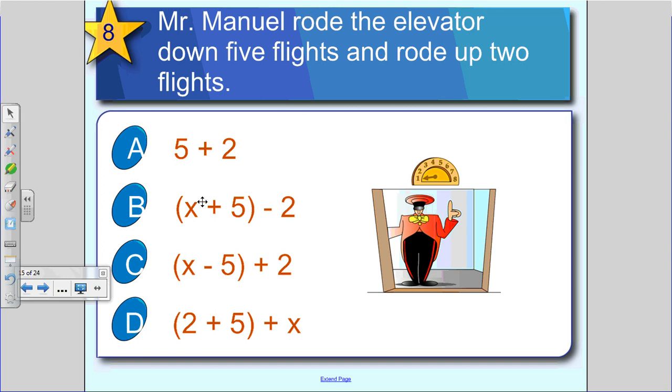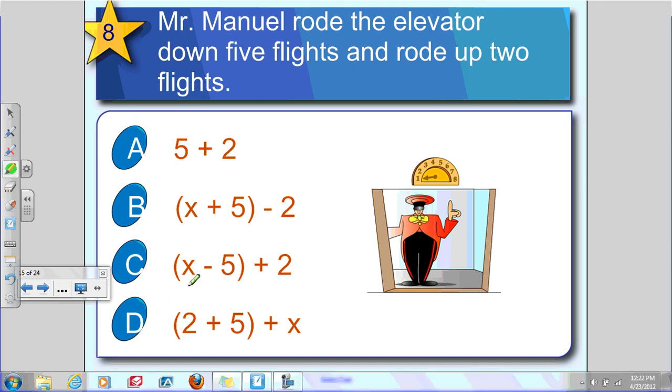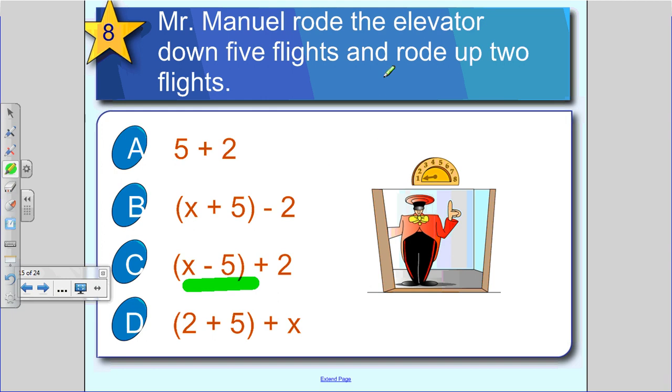So that would be our variable of x. He rode down 5 flights, so that's x minus 5. But then he rode up 2, so plus 2. Let's see if that is our answer. That is correct.